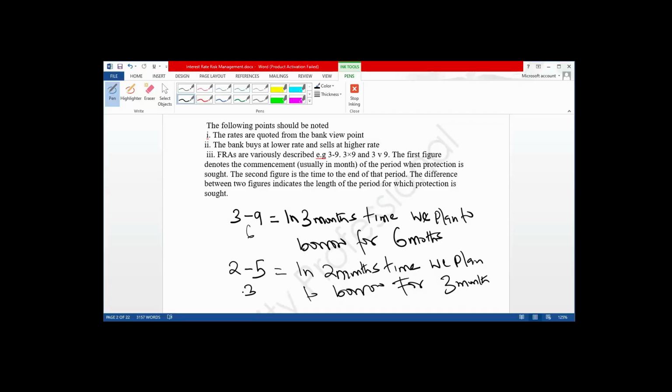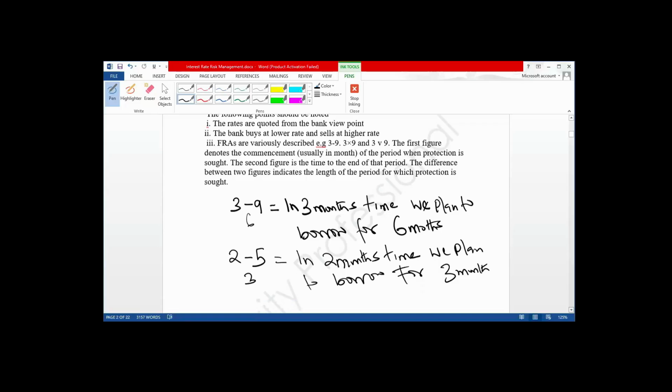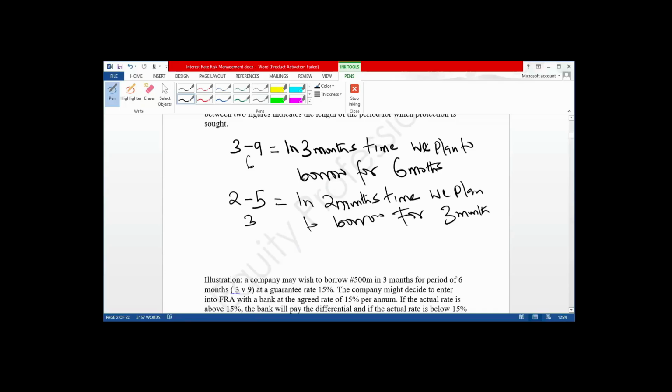Let us also illustrate that. Assuming in 3 months' time, you are planning to borrow money.